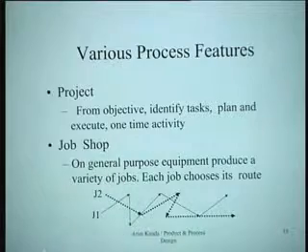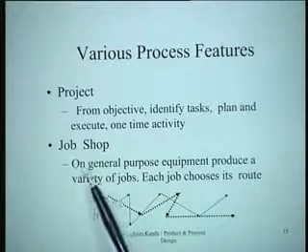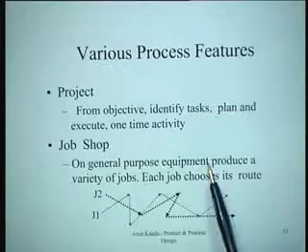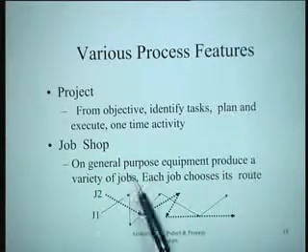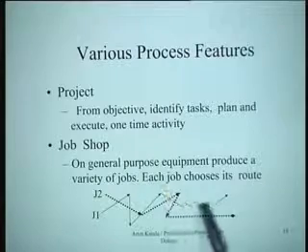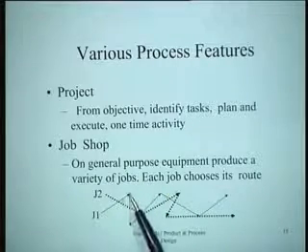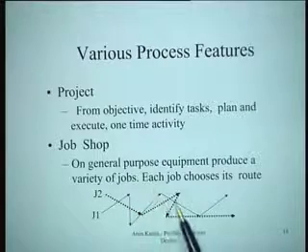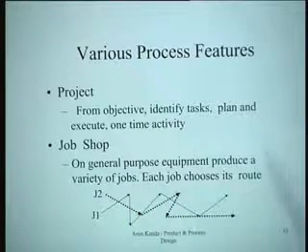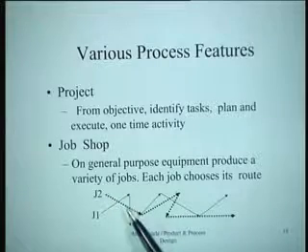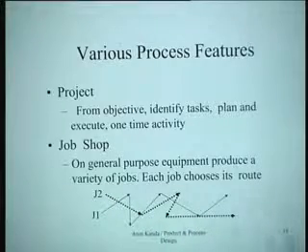On a job shop, what happens is you are using general purpose equipment. So on general purpose equipment we produce a variety of jobs, and each job chooses its route. So first job goes from one machine to another machine and keeps on going around in the job shop. The second job might select its own route depending upon its requirements and then go through the job.